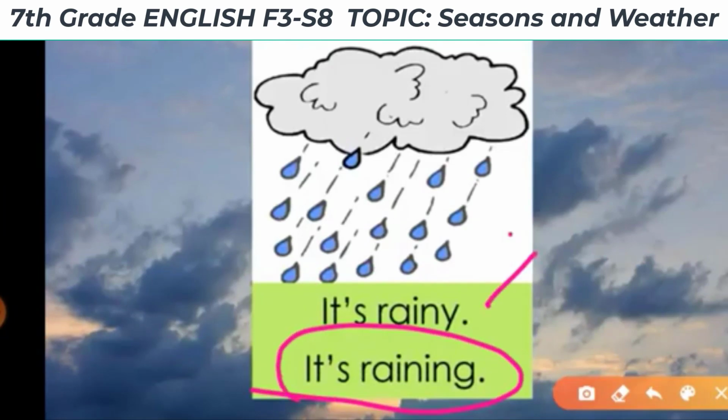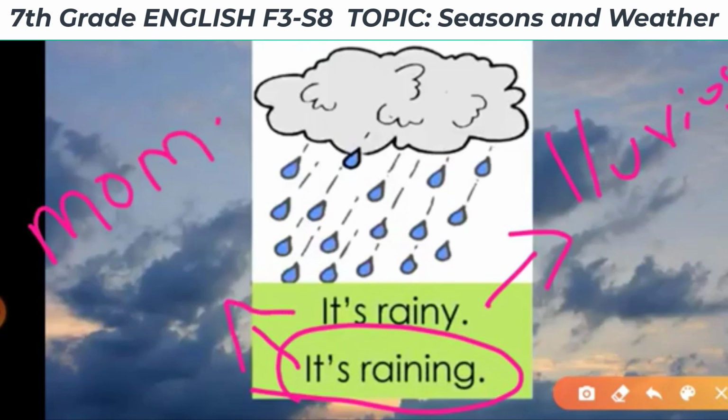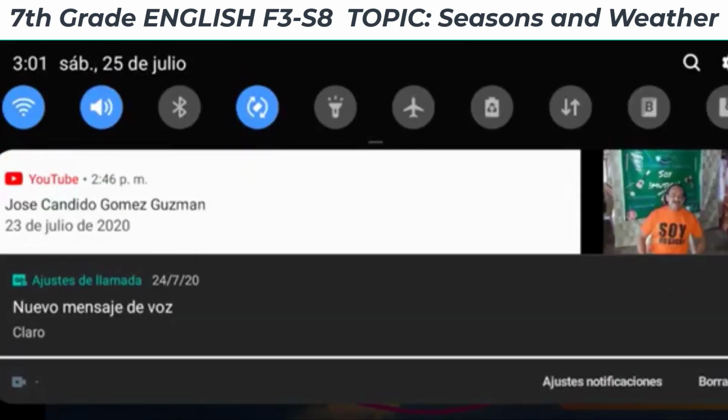What's the difference? Rainy means, as I said, lluvioso, okay? For example, que llueve y se va, y vuelve a llover, it's like a temporal, okay? It's rainy, está lluvioso. On the other hand, it's raining quiere decir que en este preciso momento está lloviendo.